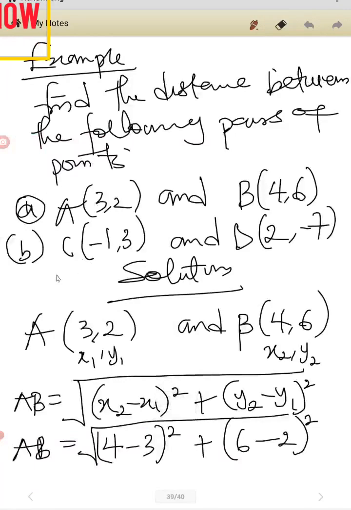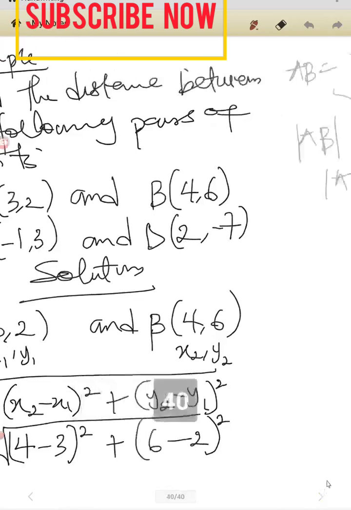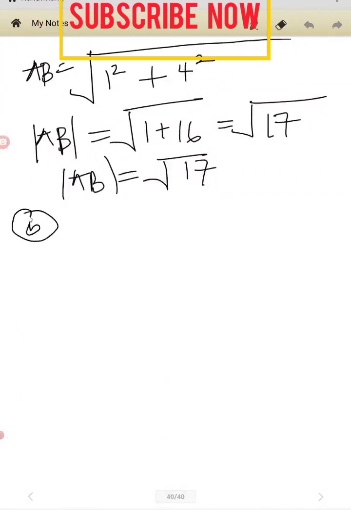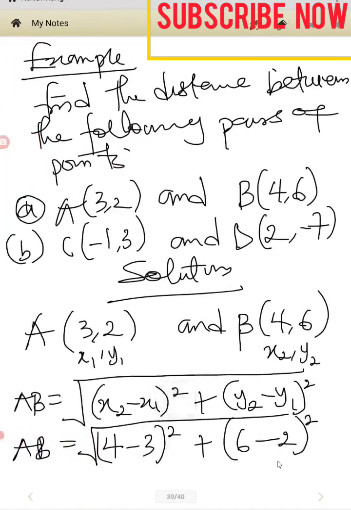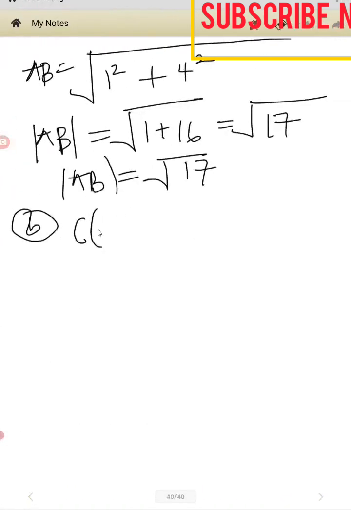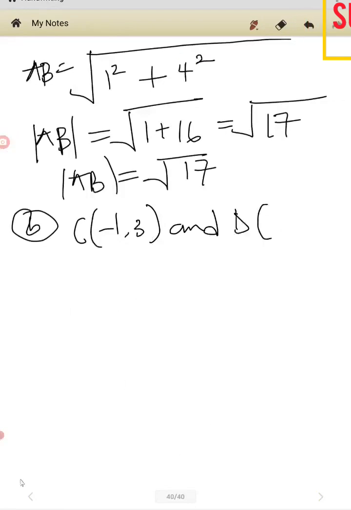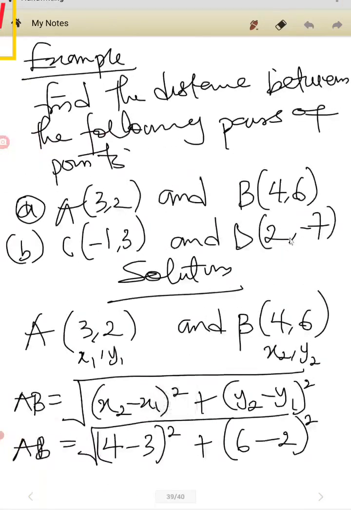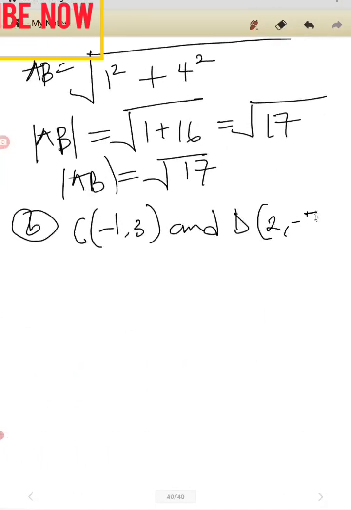The second point is point C: minus 1, 3, and D: 2, minus 7. So we write out the points again. The B part, we have C, minus 1, 3, and the D point is 2 and minus 7.